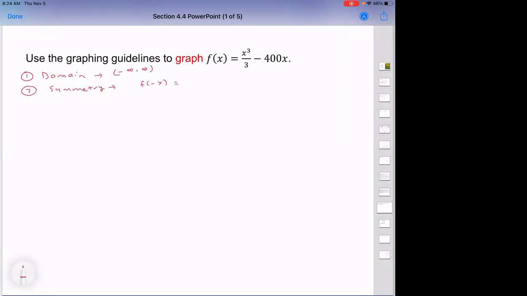If you replace x by negative x, you have negative x cubed divided by 3 minus 400 times negative x. What is negative x cubed? You factor out the negative, what is left there? That means it is negative of f(x). That is the definition of an odd function.